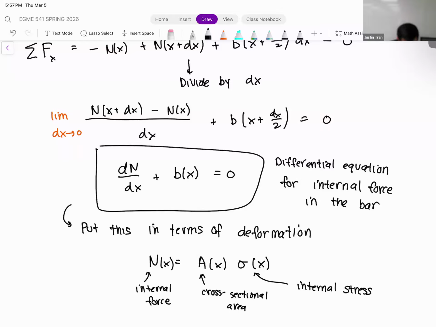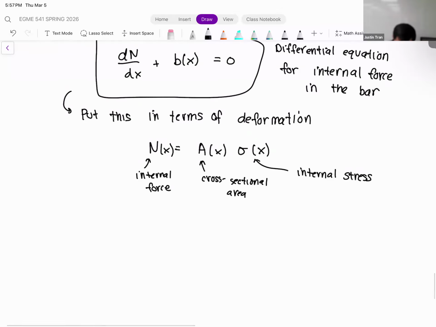Now, why is this useful, right? Kind of seems like we're going backwards here, but this stress here we can actually put in terms of strain, right? Because we know from Hooke's law, the other Hooke's law, not the Hooke's law involving springs, this is the more general Hooke's law, that the stress in any kind of structure, if you assume linear elasticity, is equal to the product of the Young's modulus.